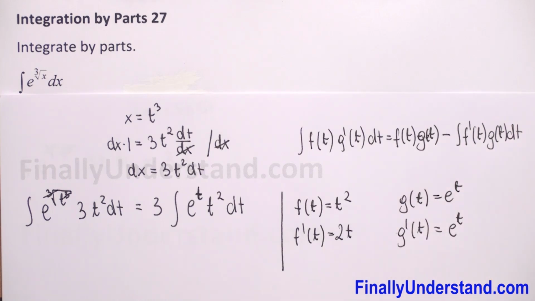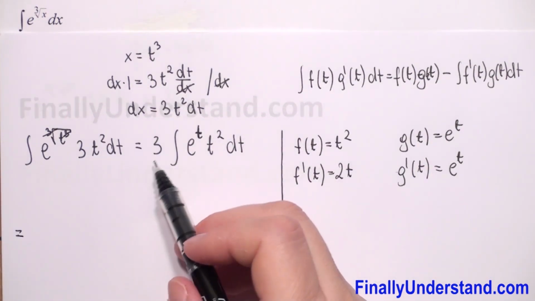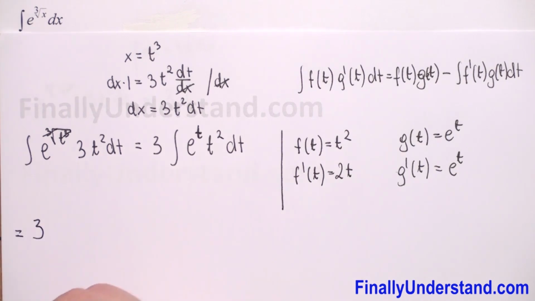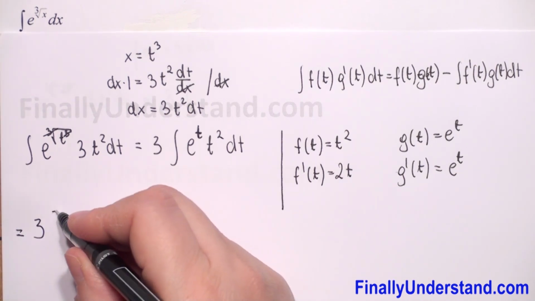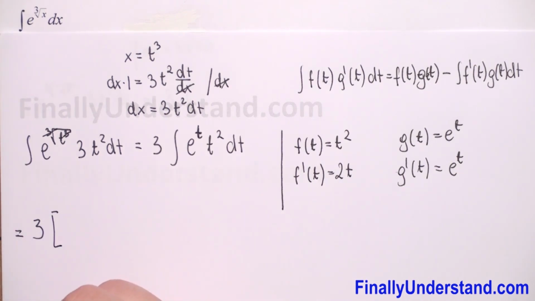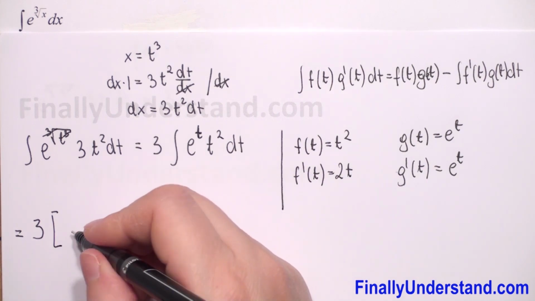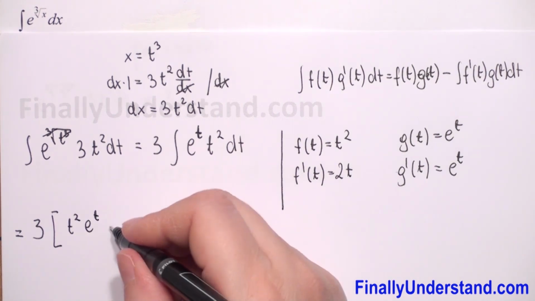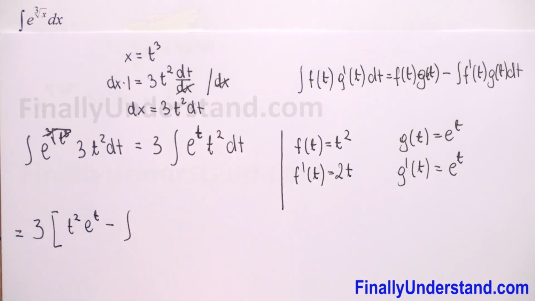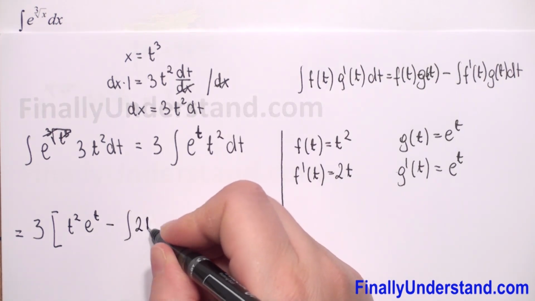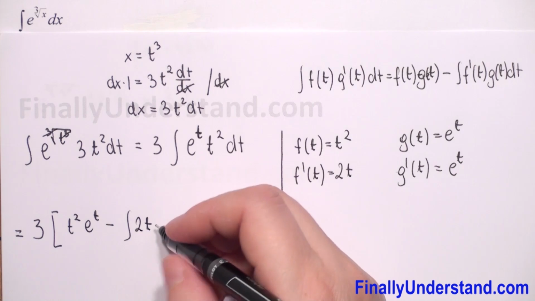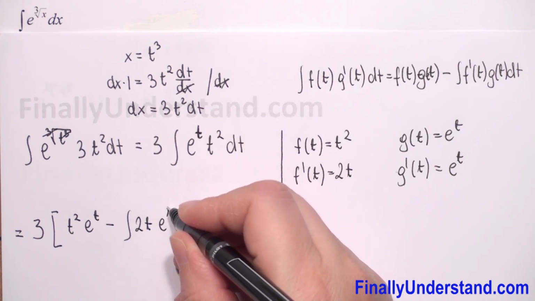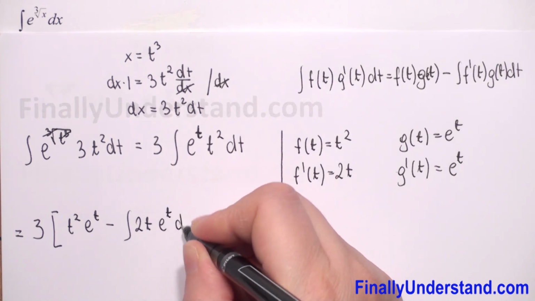Now we can substitute into our formula. So this is equal to 3 we have to copy, and we have now in brackets f times g. So we have t squared times e to the power t minus the integral of f prime, which is 2t, times g, which is e to the t, dt.